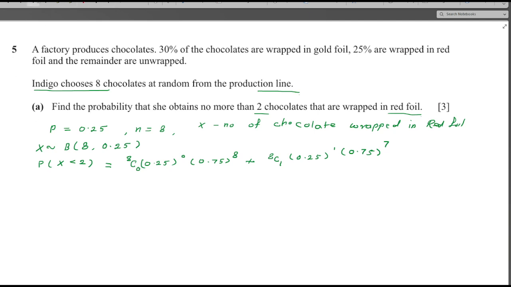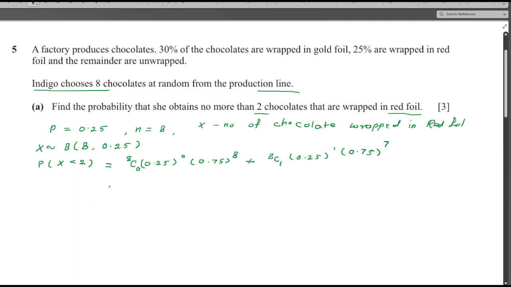So let us find out the result. First term 8C0 is 1, so I have to simply say 0.75 power 8 plus 8C1, which is 8 times 0.25 times 0.75 power 7.